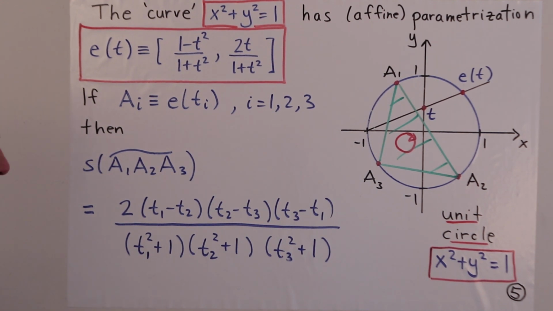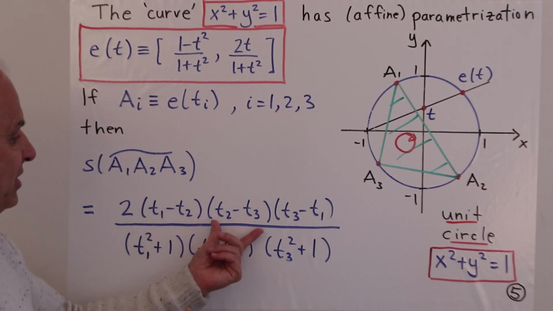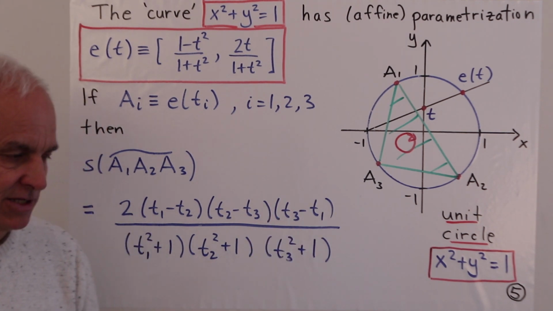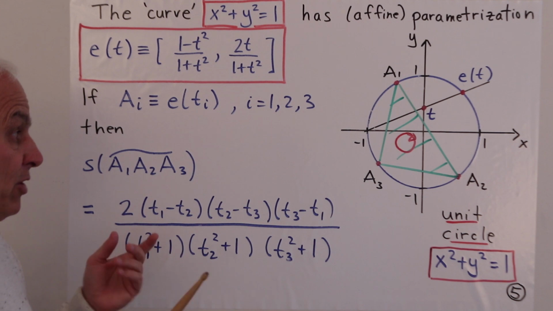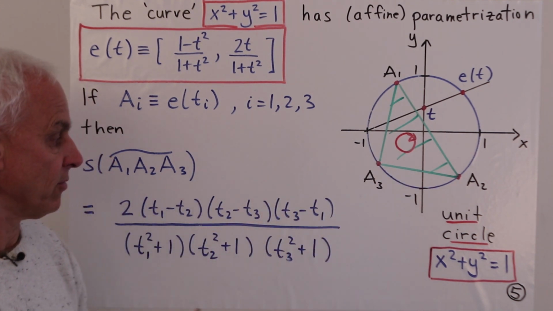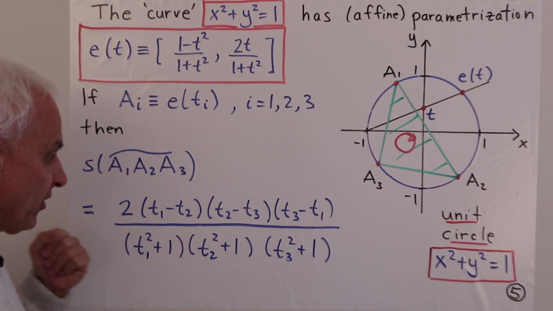Okay, a very beautiful formula, which has this now familiar factorization in the numerator, t1 minus t2, t2 minus t3, and t3 minus t1. We're no longer surprised that that occurs because we know that if 2 of these points coincide, then the area is going to be 0. But what's not so obvious is what else there is in this formula.